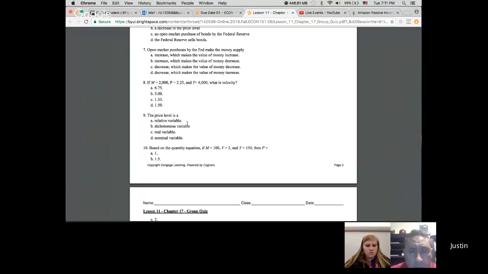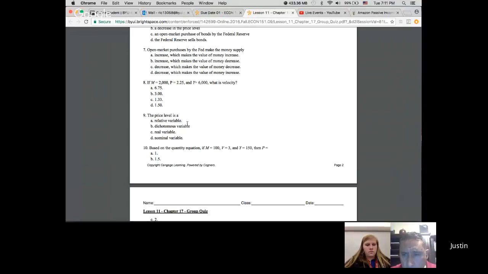Yeah, money or price level is dichotomous, meaning it can be measured in monetary units, like the price of a water bottle can be $5. Or if you're not using money in your economy, the price could also be a real variable, meaning you can trade a box of Kleenex for a water bottle, and the price of one box of Kleenex would be one water bottle, and it wouldn't have anything to do with a monetary unit. So it can be both.